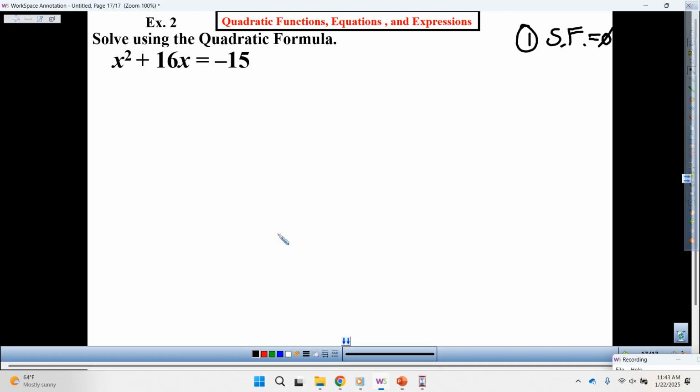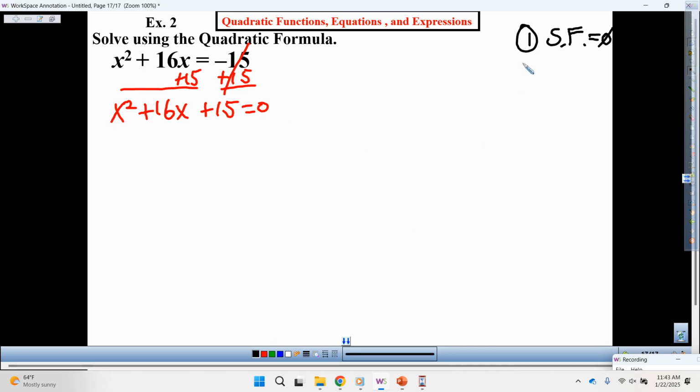So how do we get rid of that 15 to make it 0? Yeah, add 15 to each side. That is correct. So that leaves us with x squared plus 16x plus 15 equal to 0. All right, so step 1 done.